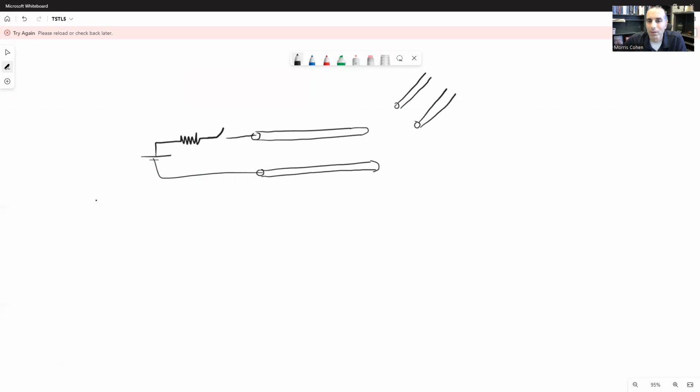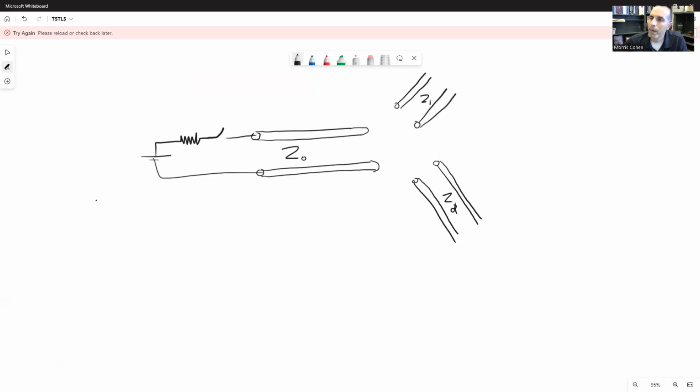What's important is that there are two transmission lines, and they're connected in parallel. So here's the next one here. All right, let's say this transmission line has value Z0, this one Z1, and we've got Z2. Make this bottom one Z2.